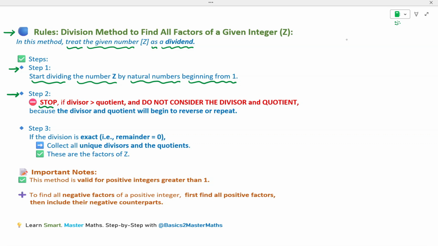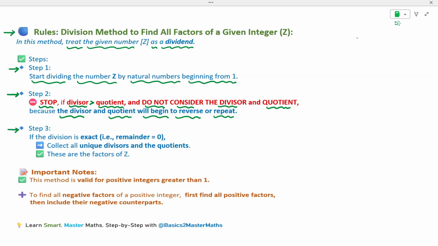Stop if the divisor is greater than the quotient and do not consider the divisor and quotient of this step because the divisor and quotient will begin to reverse or repeat.